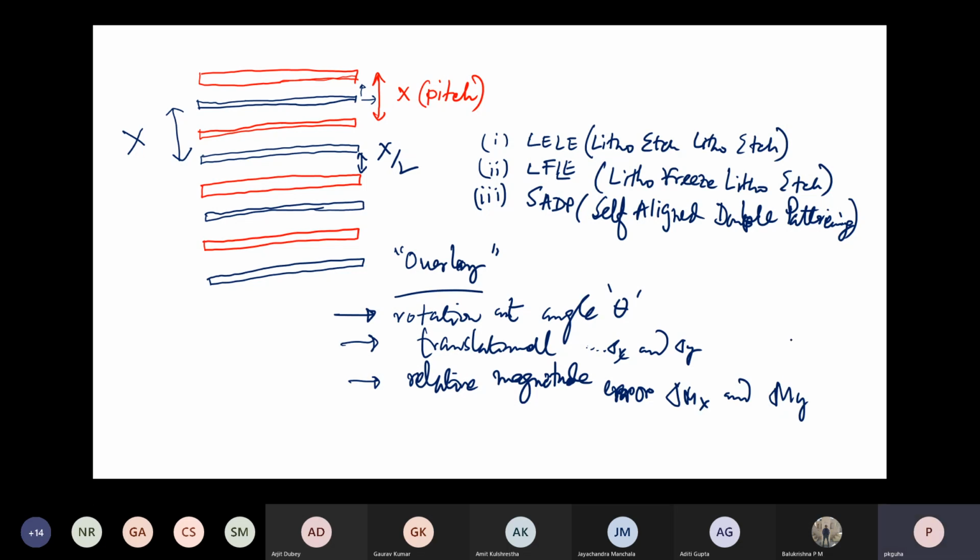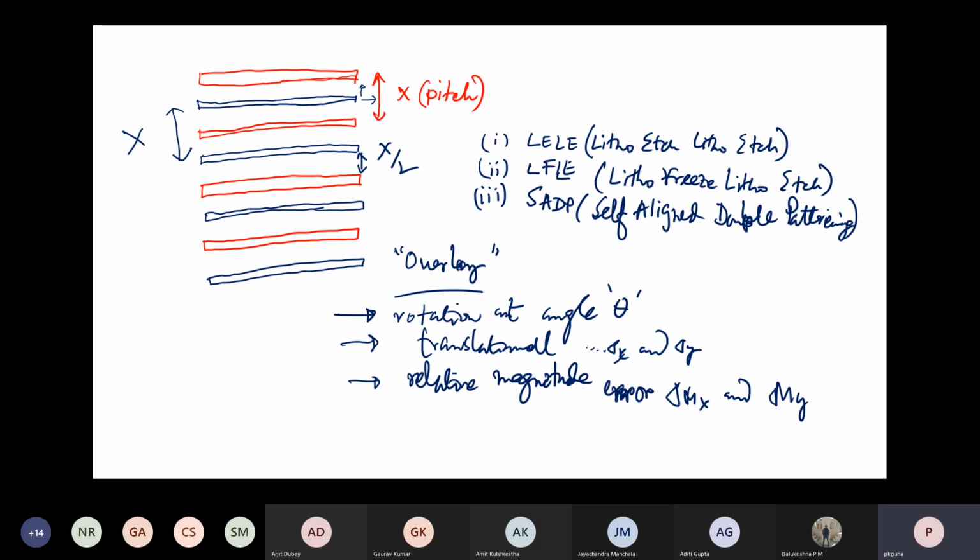So there can be different kinds of error when you overlay a pattern on existing patterns. It might be rotational error, it might be translational error, it might be error due to relative magnitudes and so on and so forth. So overlay control defines the control of the pattern to pattern alignment.